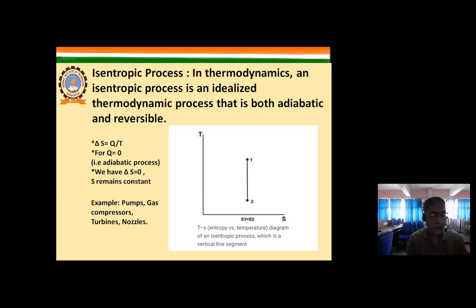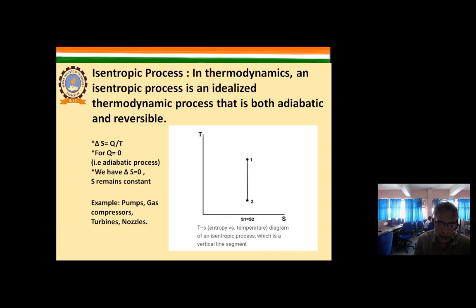The first process is the isentropic process. In thermodynamics, an isentropic process is an idealized thermodynamic process that is both adiabatic and reversible. The work transfers of the system are frictionless and there is no transfer of heat or matter.